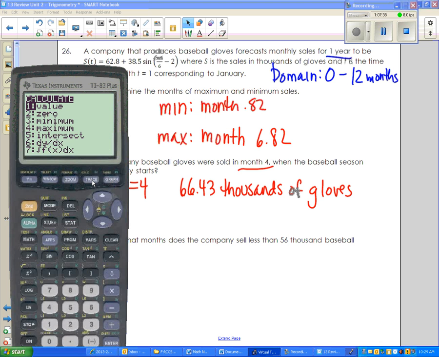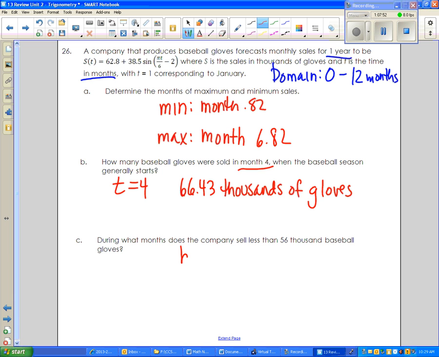So when I find the points of intersection, the first one is basically an x value of 3.48. So anything before that month, so before month 3.48, so we're looking at like halfway through March.